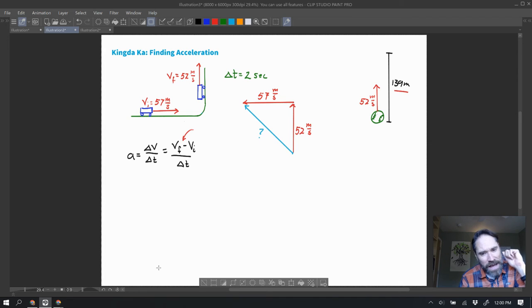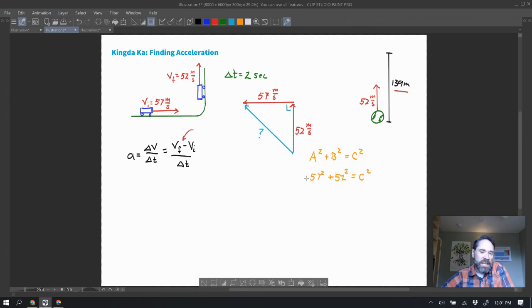I have the direction already, and I have the magnitude by the length of the arrow, but I can actually solve for the numerical length as well by using a handy dandy tool, because this is a right triangle. My tool is the Pythagorean theorem, which is a squared plus b squared equals c squared. Plugging in what I know, 57 squared plus 52 squared is equal to c squared.